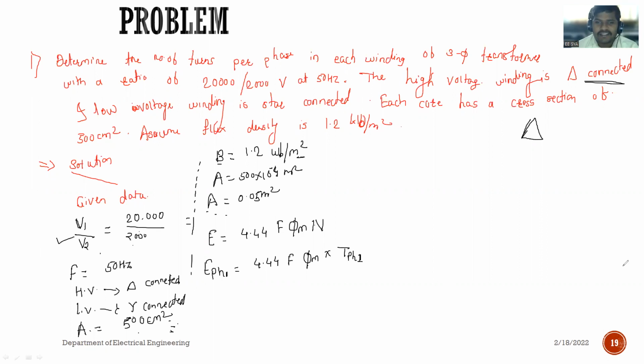So see, this is delta. Suppose A phase, B phase and C phase. These are the three voltages. Line voltage कुठून? या दोन्ही मधलं एक voltage, and the voltage between these two terminals is nothing but VA. कारण हे दोन्ही equal. So in case of delta, VL is equals to VPH.